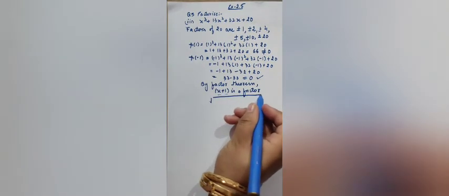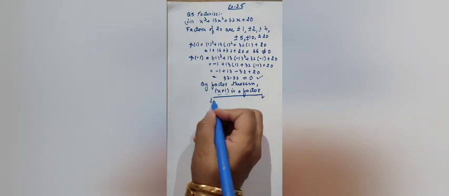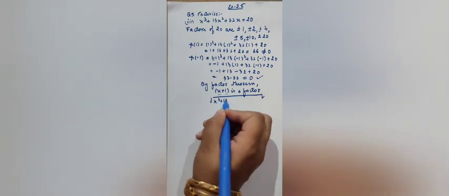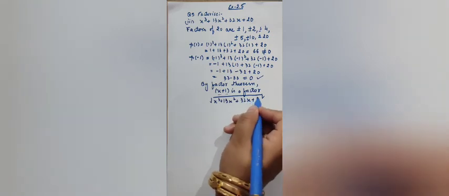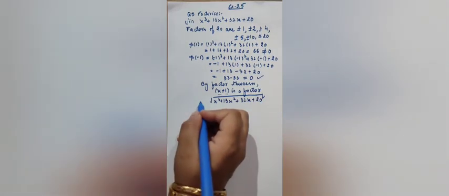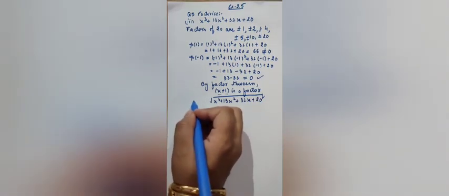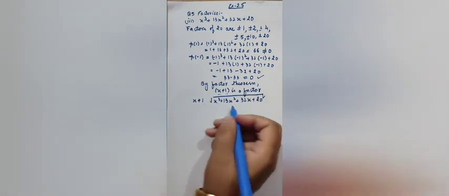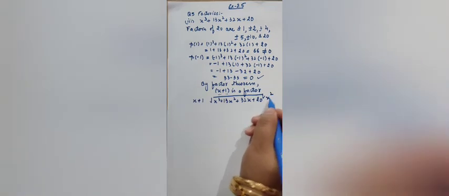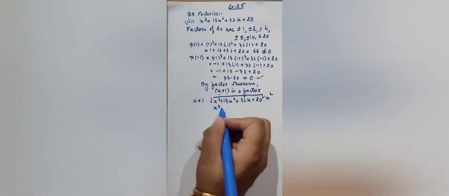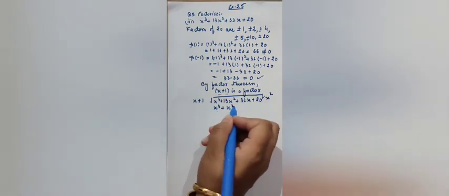Now what will I do? I will divide my polynomial x cube plus 13x square plus 32x plus 20 by the divisor, which is x plus 1. Now I want x cube here, so definitely I will multiply with x square, so I will get x cube plus x square here.